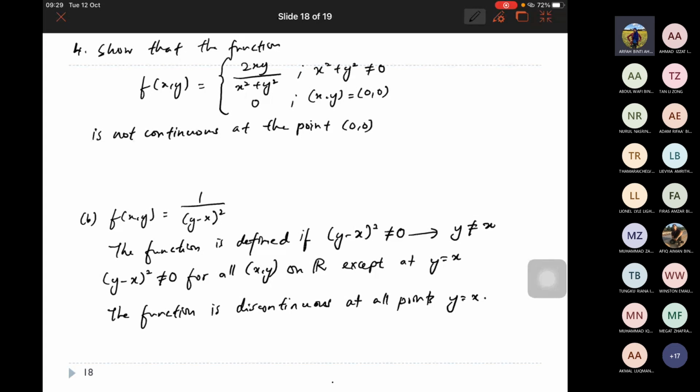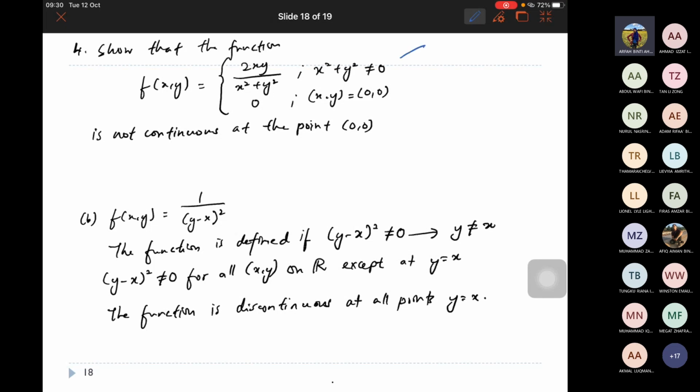0, 0. So, untuk tunjukkan sesuatu fungsi ini tak continuous, dia ada 3 syarat dia. Okay. Kalau awak refer kepada nota, if you refer to the notes that I give to you, how to show that the function is not continuous, dia ada 3 condition. Condition 1, condition 2 and condition 3.